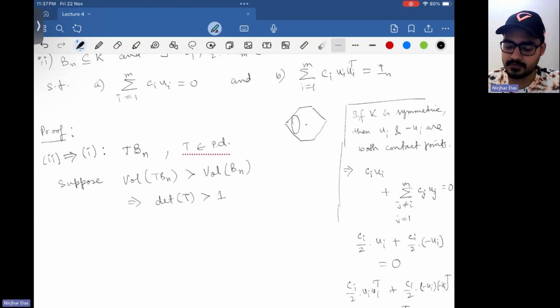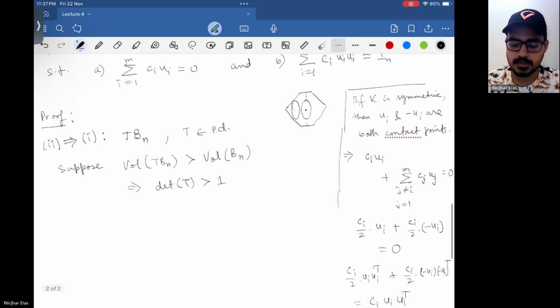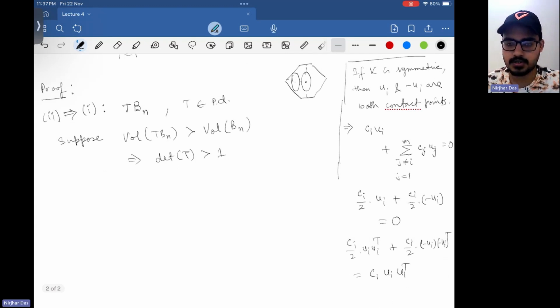Like, if you bring this to the origin, you can see that this ellipsoid can now even be extended further, right? So it suffices to look at ellipsoids of this form, whose center is basically at the origin. So now, by our assumption, we have the determinant of T is strictly greater than 1.